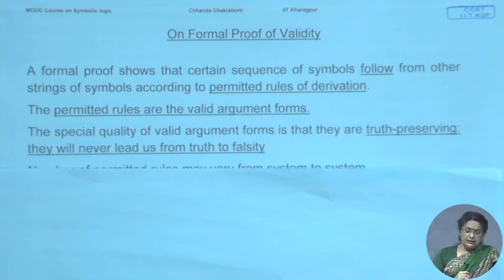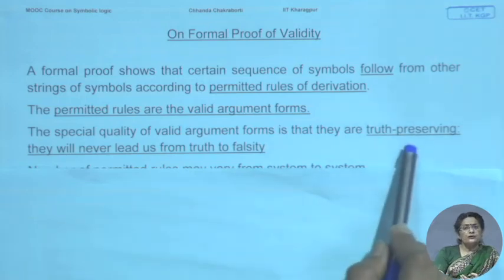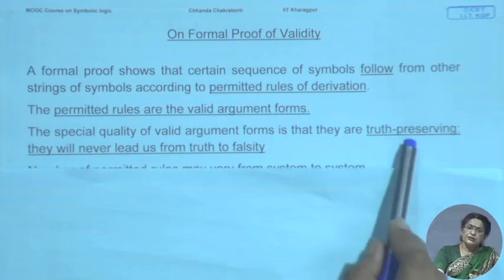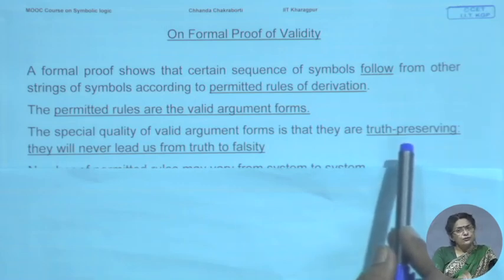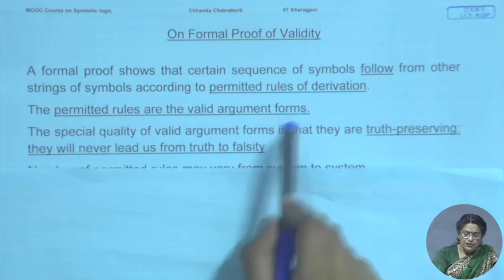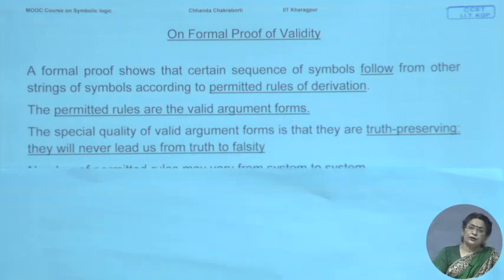The reason behind it is that what we call valid argument forms has a very, very special quality. What is that special quality? That they are truth preserving in nature. They preserve truth, meaning that if you use them and if you start with truth, they will never ever land you into falsity. If you begin with truth, they will ensure that you land also in truth. This is the very special quality of these things called valid argument forms.